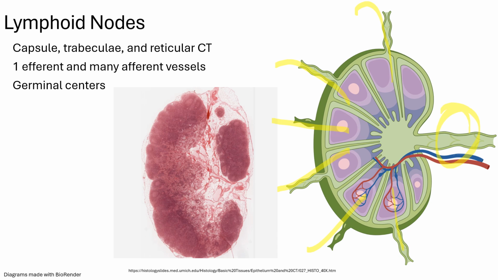That efferent vessel is usually larger than each of the individual afferent vessels, but the efferent vessel in no way compares to the cumulative diameter of all of the afferent vessels. This setup causes a bottleneck of fluid, and it allows more of the B and T cells living in the lymph node to come into contact with the fluids and inspect any of them for pathogens.